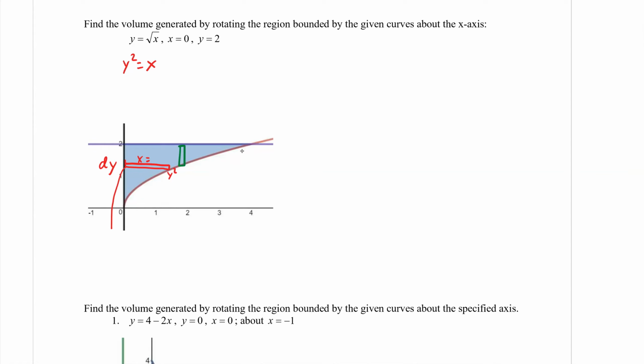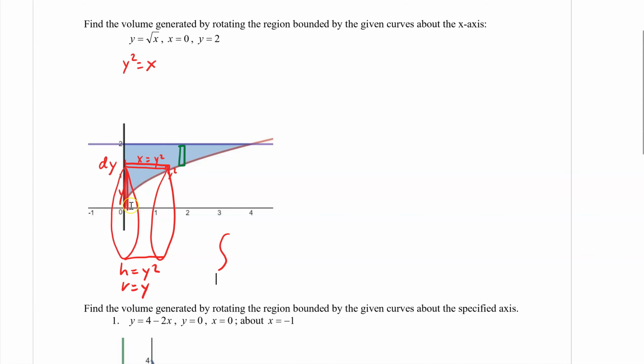So now if I rotate this about the x-axis, that is my cylinder. And so we can see that my radius here is y, and my height is the x equals, so the y squared. So my height will be y squared, my radius will be y, and so that means we have an integral.